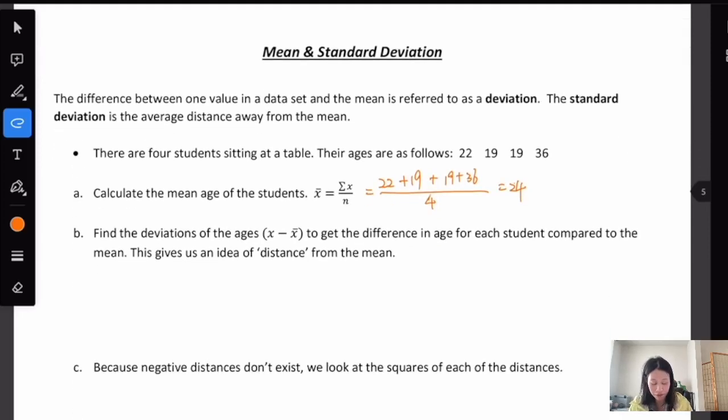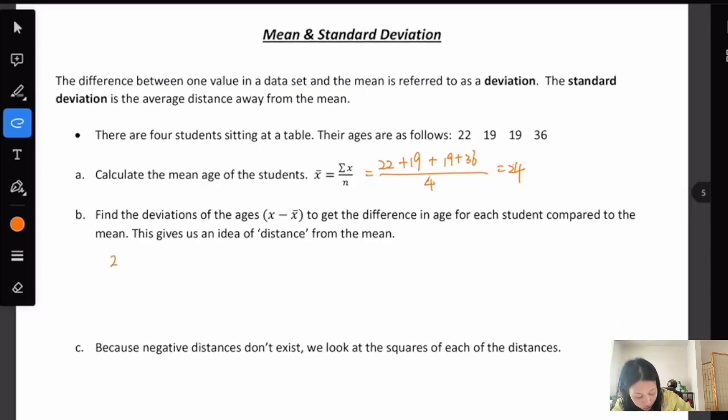Now find the deviation of the ages, for which we subtract the mean from each age to get the differences. In this case, the first student is age 22, minus the average age, so the distance is -2.